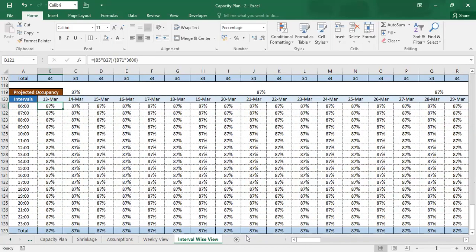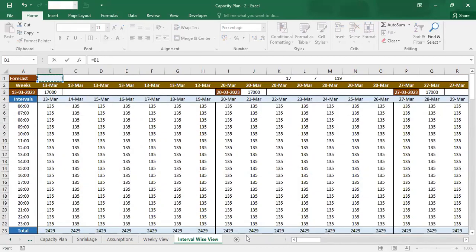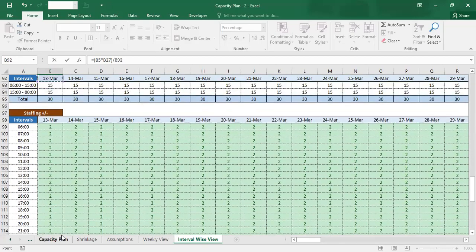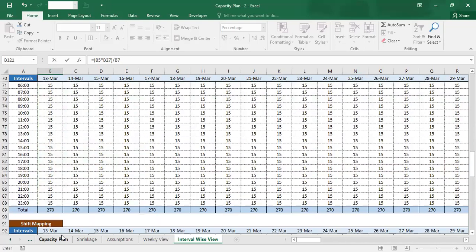So let me do it again. And I have divided this by the schedule and multiplied this into 3600. So I got these hours in seconds.